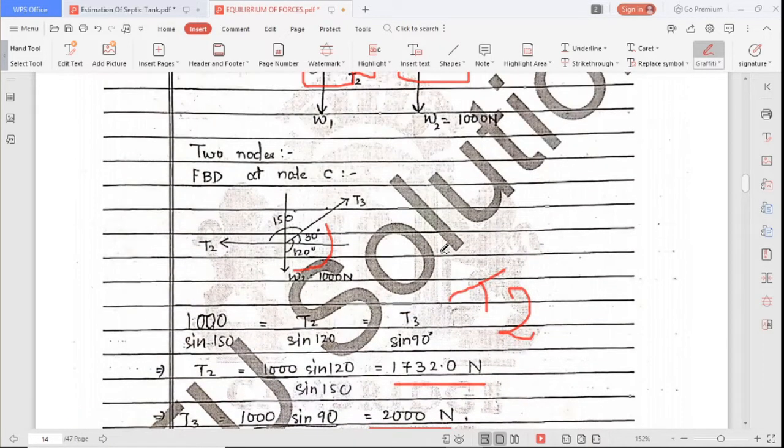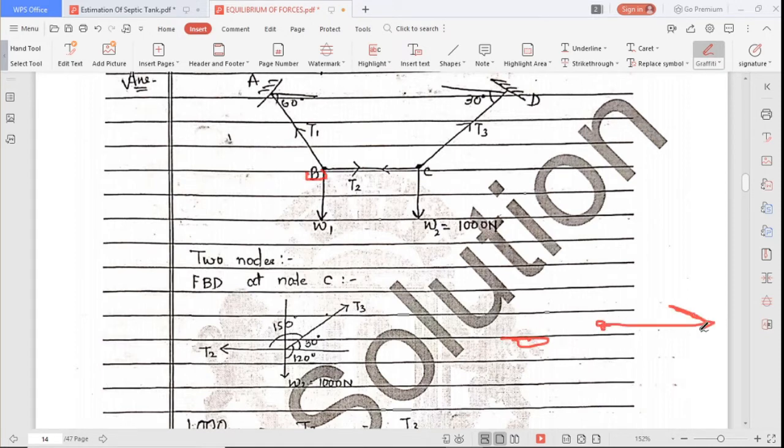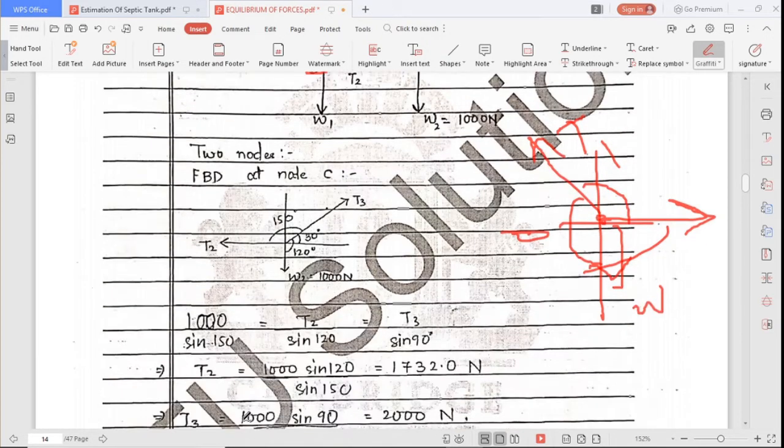1732.0 Newton. So after taking the FBD at C, take the FBD at B. What are we getting? If we take the FBD at B, we have the T2 force, then the T1 force, and the W1 force. T1, T2, W1, two unknowns, so calculate the angles here. What are the angles between the other two forces?